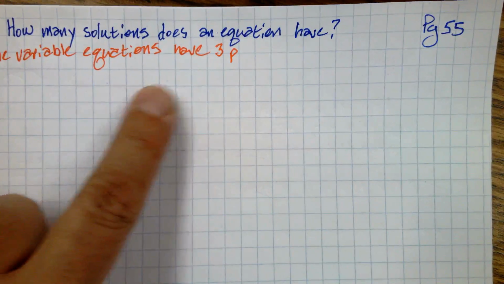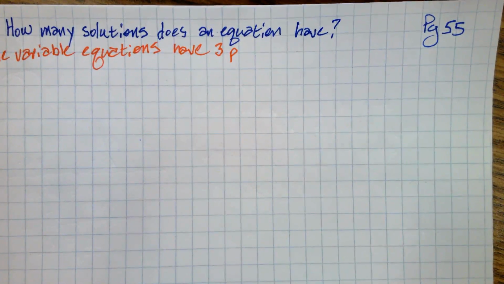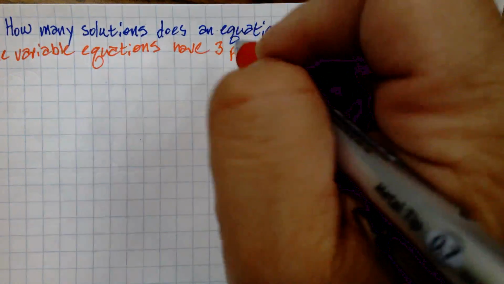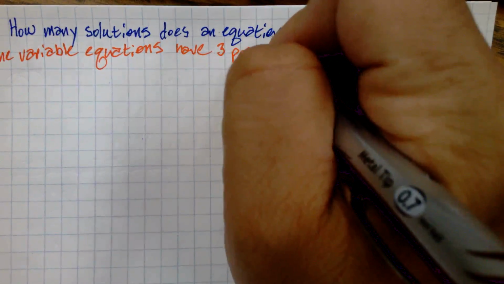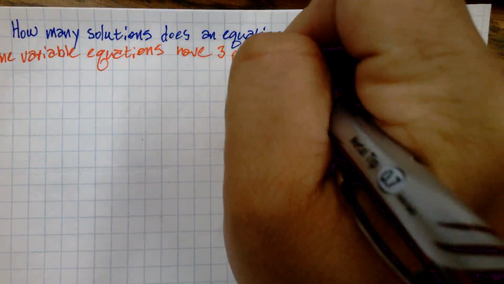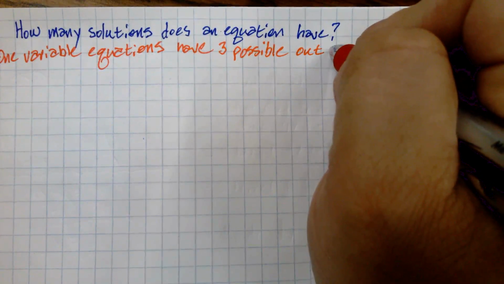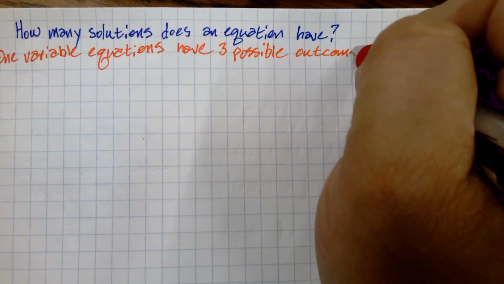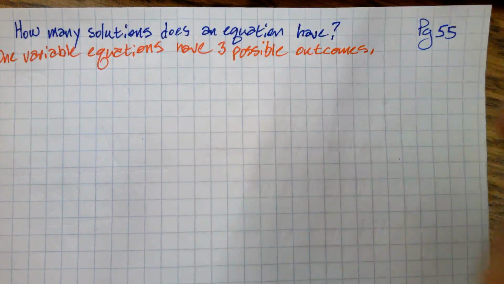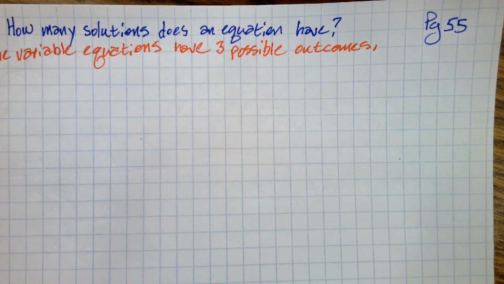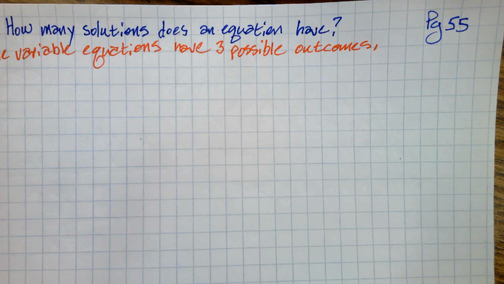So let's start with the most common one, the one that happens pretty much every time that we've solved equations up until now.